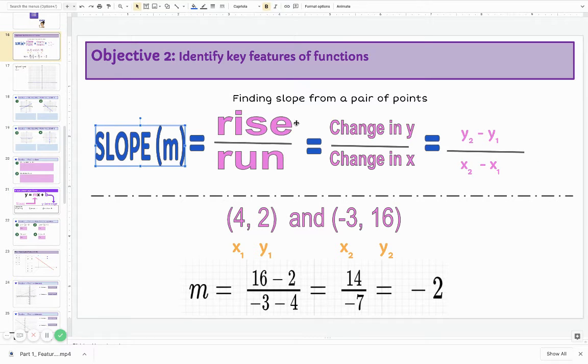All of these mean the same thing, okay? So when you're finding rise over run, you're really finding this last part here. So let's look at an example.